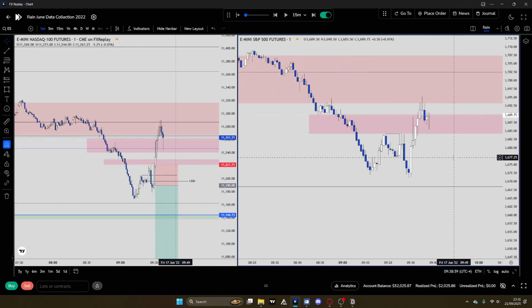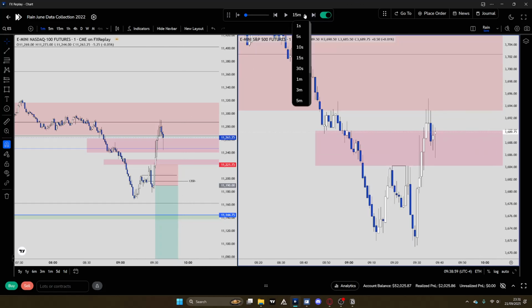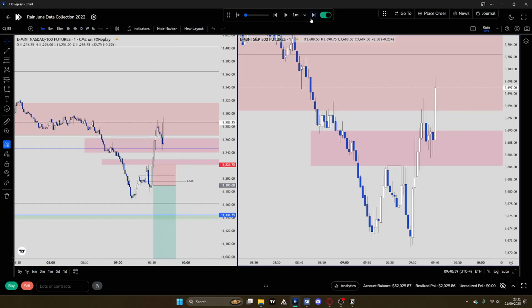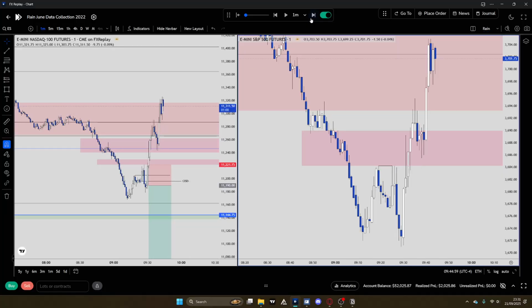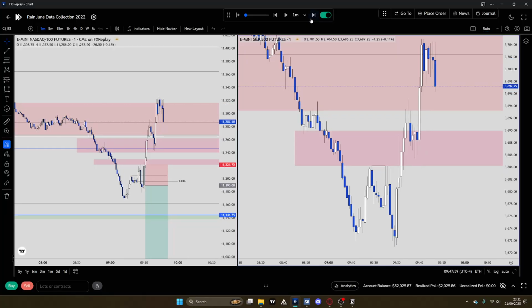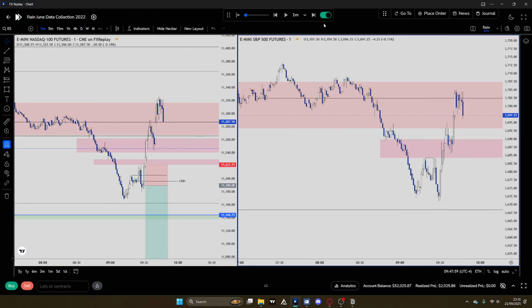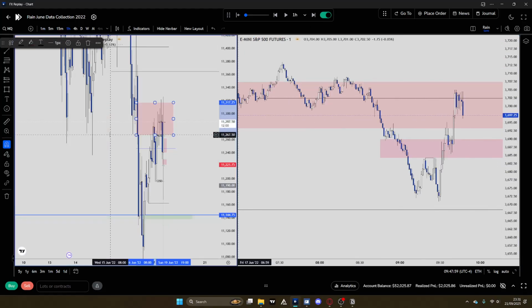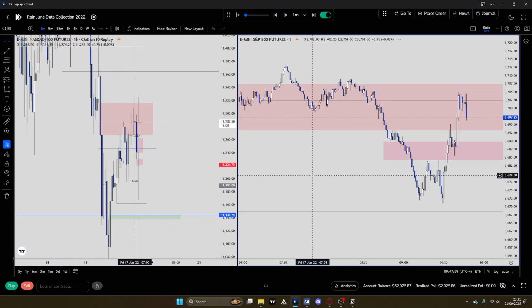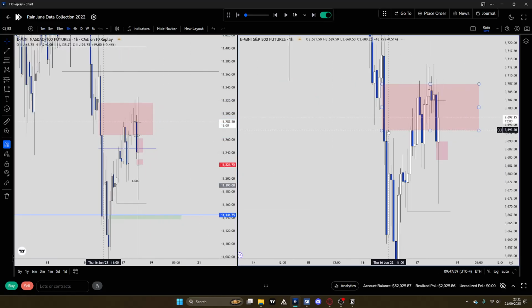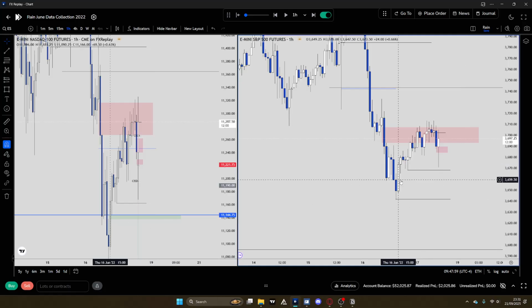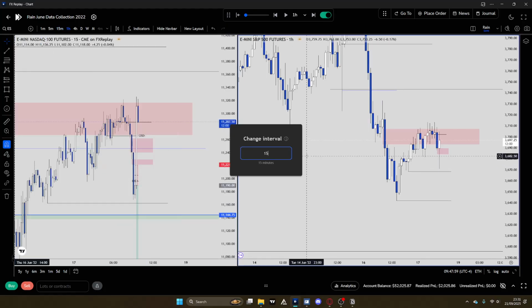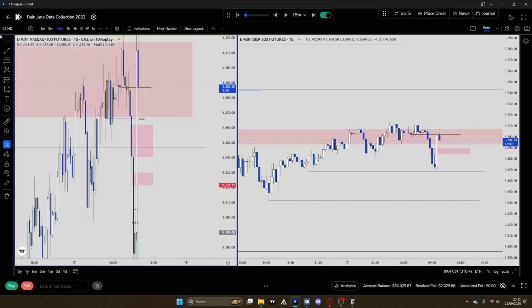So now we're inside the city here. Okay. Alright, I'm not really liking what I'm seeing here. No SMT at lows. 15-minute change.